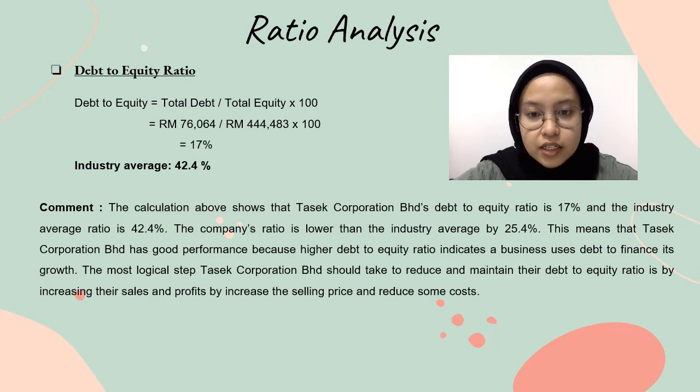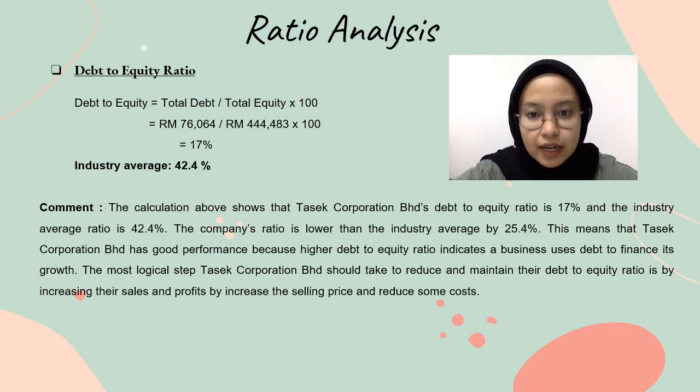So the calculation above shows that Tasek Corporation Berhad's debt to equity ratio is 17% and the industry average ratio is 42.4%. The company's ratio is lower than the industry average by 25.4%.